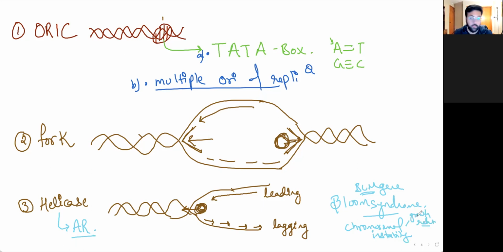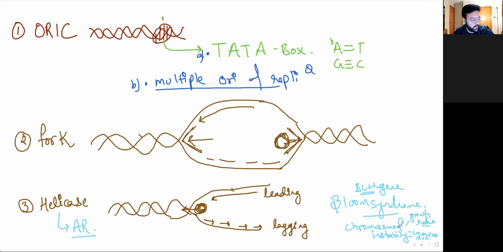You cannot grow your facial bones, so facial anomalies, some skin rash. And since you're having problem with duplication of everything, you'll have immunodeficiencies as well. Okay. Bloom syndrome: growth retardation, some rash, facial anomalies, and immunodeficiency. I'm going to write down immunodeficiency because that's important.